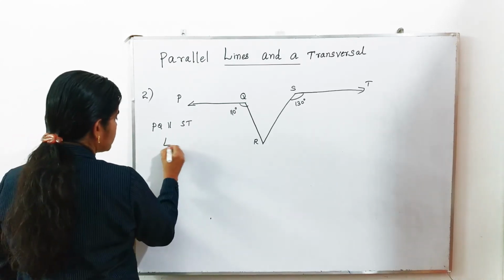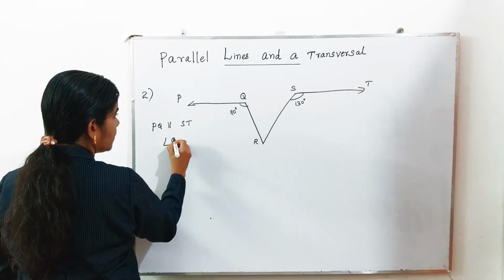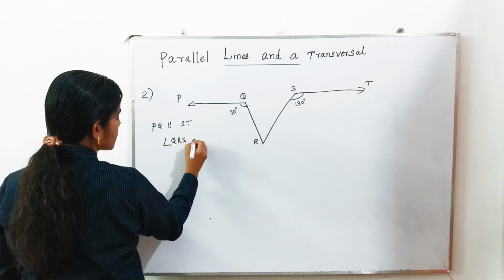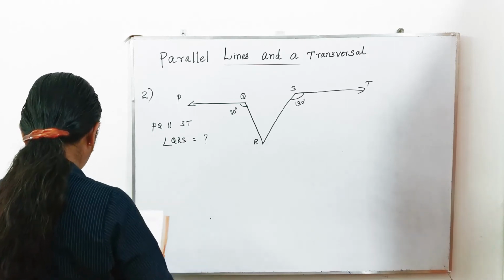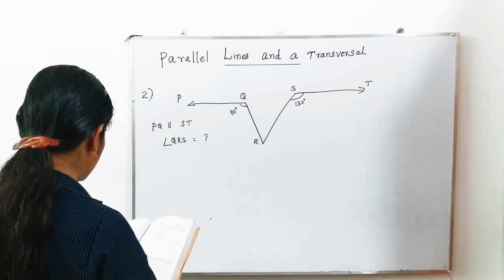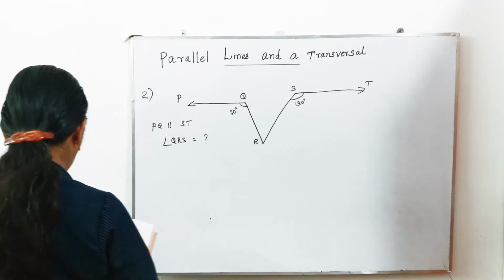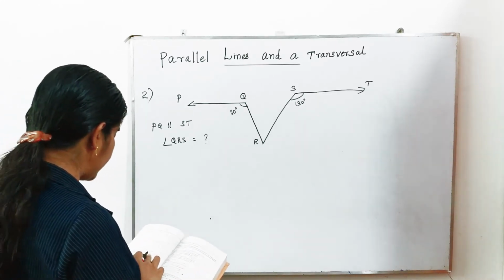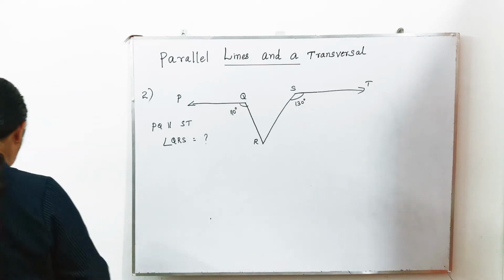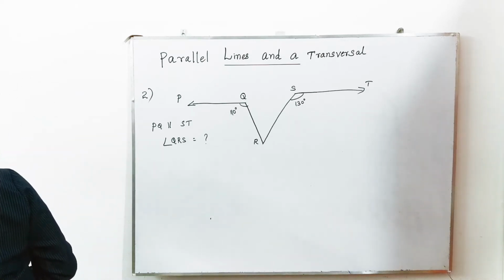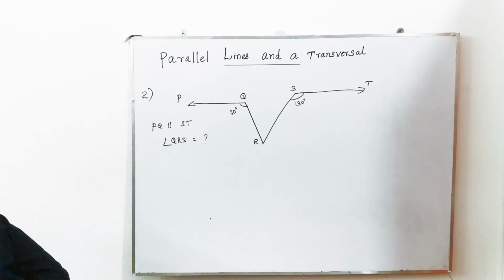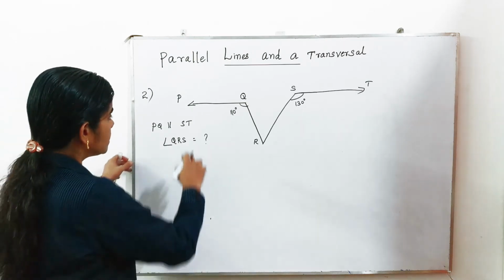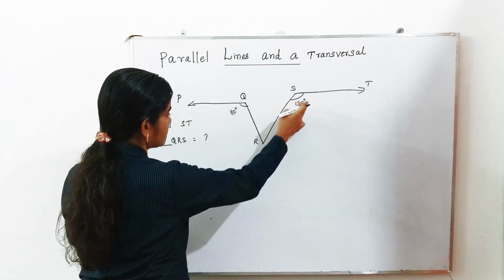And you want to find angle QRS, you want to find out. They have given a clue also: draw a line parallel to ST through the point R. Here, this is the question PQRST.